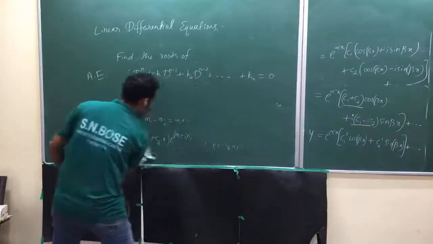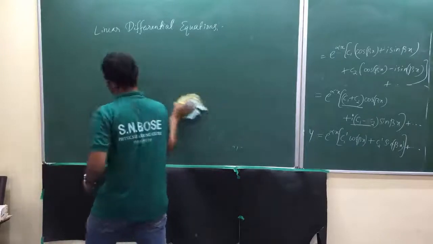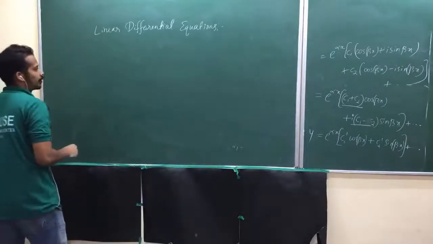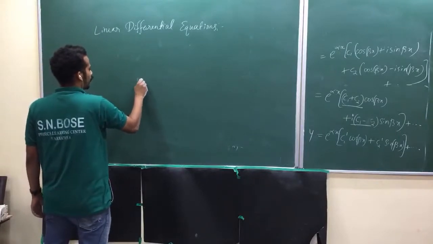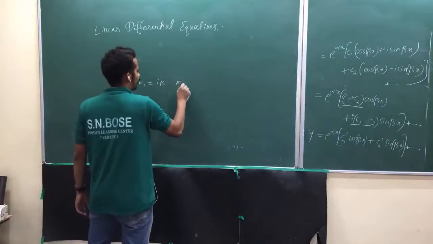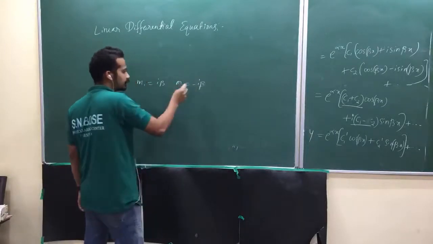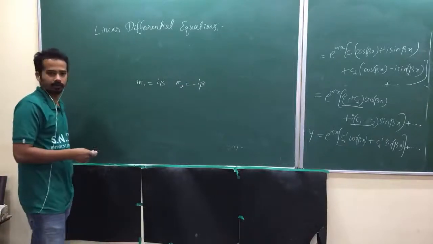Now, very frequent situation is your roots are M1 will be equal to I beta, M2 will be equal to minus I beta. If I beta is the root, minus I beta is also root. Very frequent situation is this one. Is that okay?